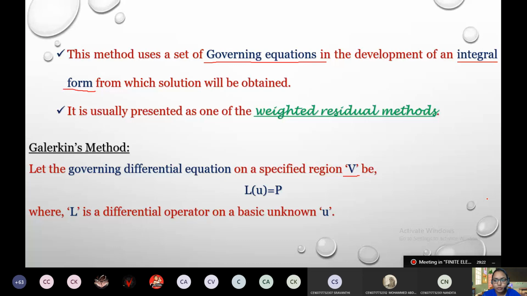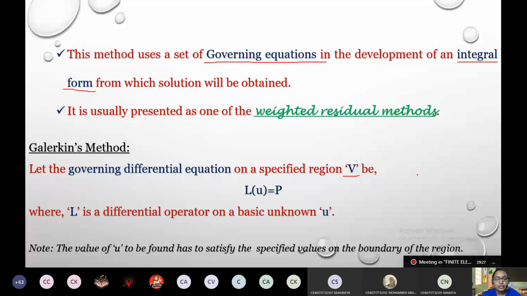Now, make a note over here that the value of u, which we find depending upon the governing equation, when it is solved, has to satisfy the specified values on the boundary of the region.